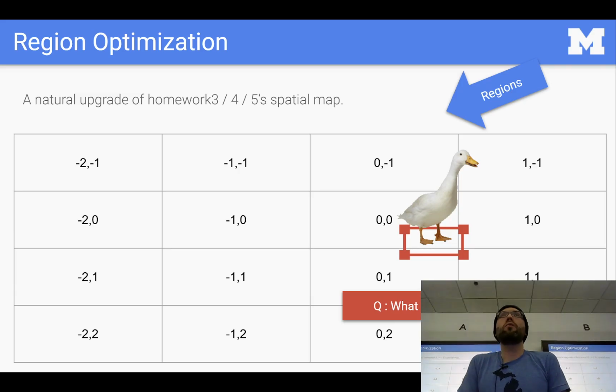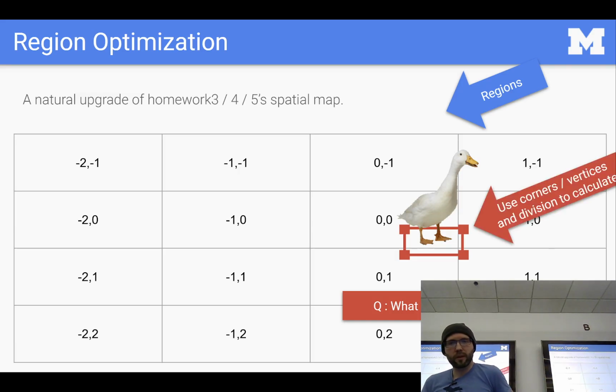One thing you can do really easily to know what regions you're in is do a little bit of math, some division, to very quickly, in O of 1 time, figure out that you've got one vertex in the 0, 0 region, one in the 1, 0, one in the 0, 1, and one in the 1, 1 region. These are the 4 regions that you care about from a collision perspective. So you can use the corners, vertices, and some division to quickly calculate which ones you're in.